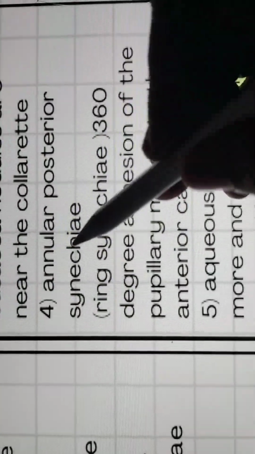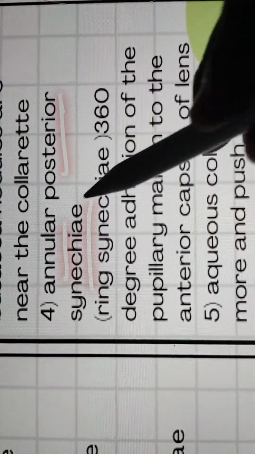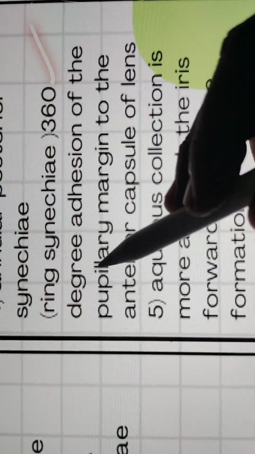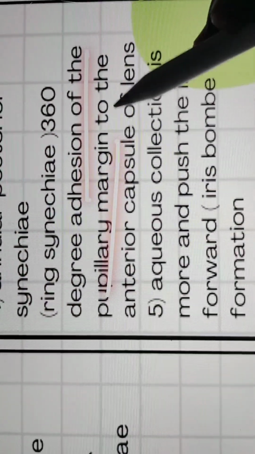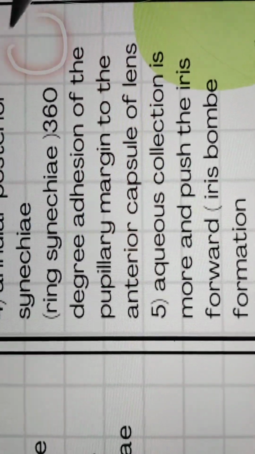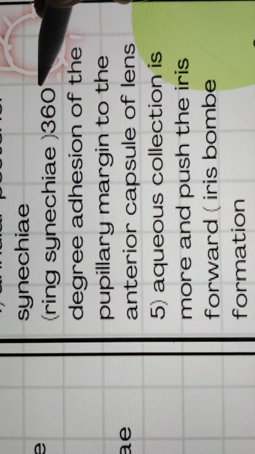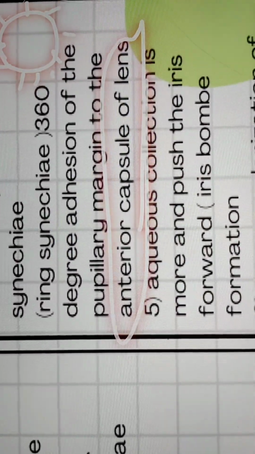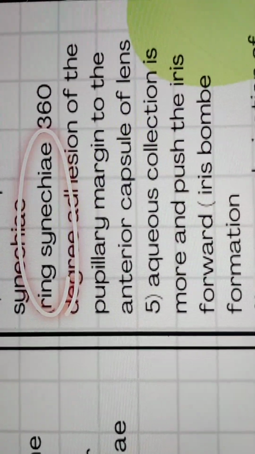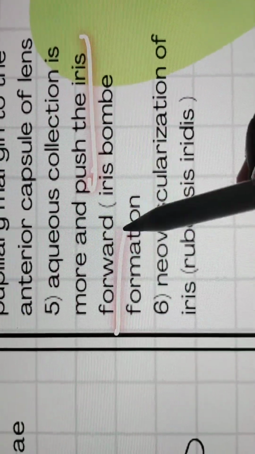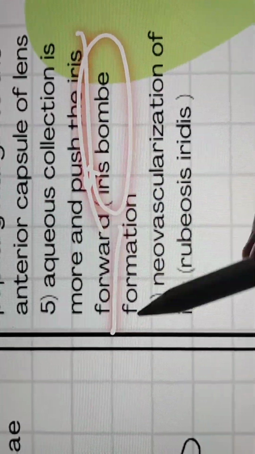Next, you will see an annular posterior synechiae, that is your ring synechiae. What you will see here is there is a 360-degree adhesion of the pupillary margin to the anterior capsule of the lens. So on all sides it will be attached to the anterior capsule of the lens. So that is called ring synechiae. And you will also have an aqueous collection that pushes the iris forward, and that causes iris bombé formation.